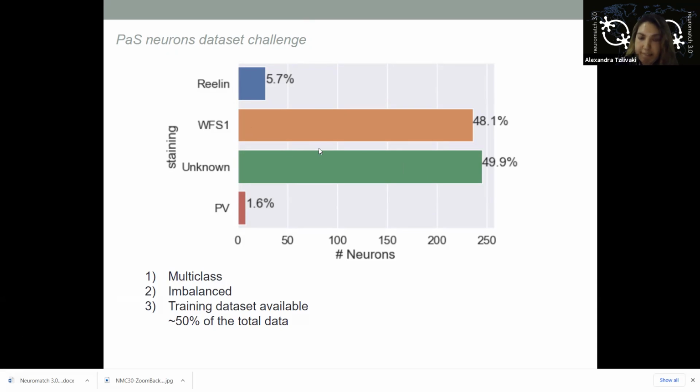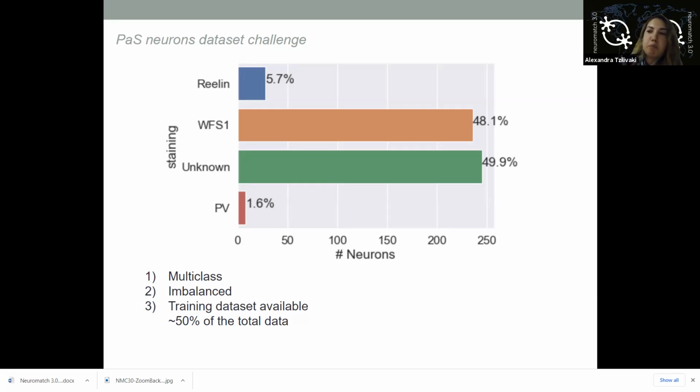And from these, the vast majority, around half, belong to the WFS1 positive neurons. The second most represented class with staining information is the Reelin neurons, and the least represented class is the PV interneurons, which are only 8 neurons out of the whole 500 neurons.